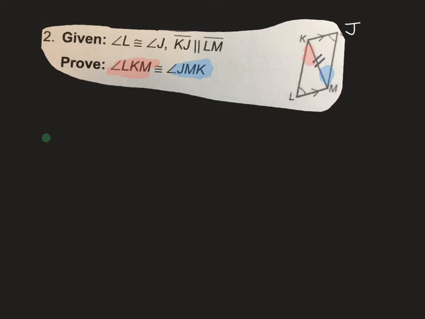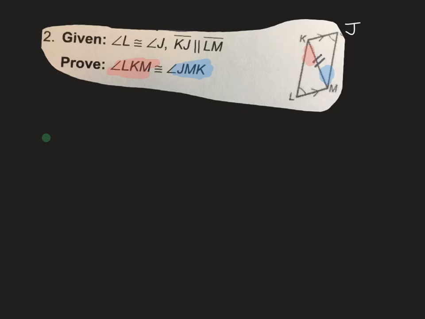When you're going to show something in math, of course, it means prove, and we're going to look at this picture and see what we can figure out. I know that angle L and angle J are congruent because it's marked in the picture and it says so here. I also know that this shared side is in both triangles, so it's congruent to itself. That works in our favor.